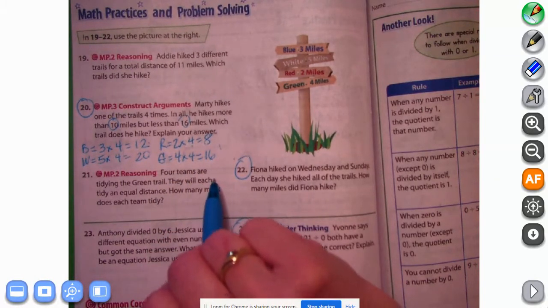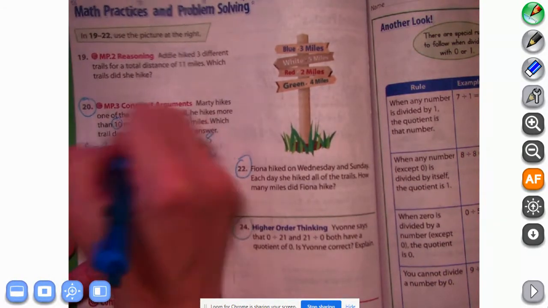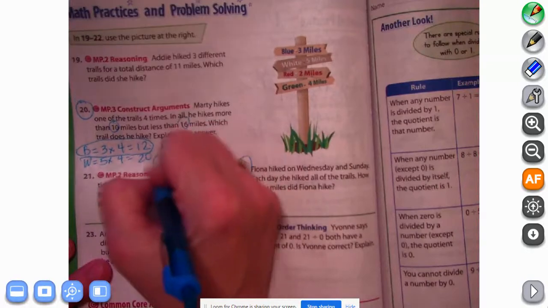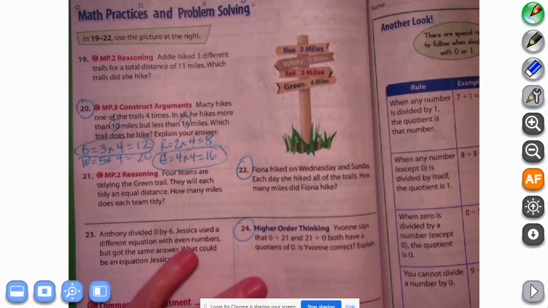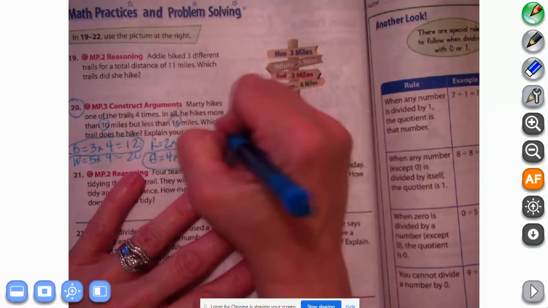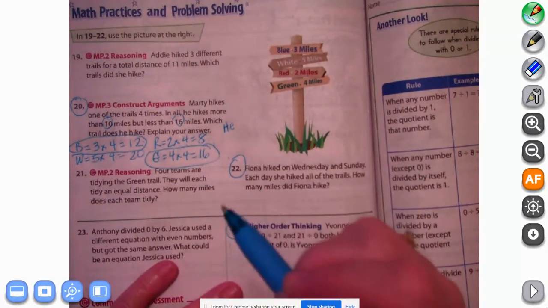Would that work? So we're going to circle our blue and our gray. Which trail does he hike? Okay, so if it says it's between, but it's less than 16, that's 16, isn't it?